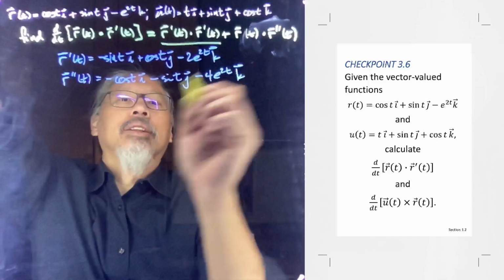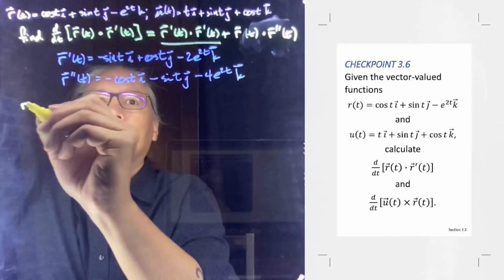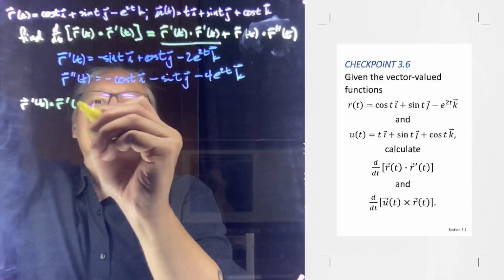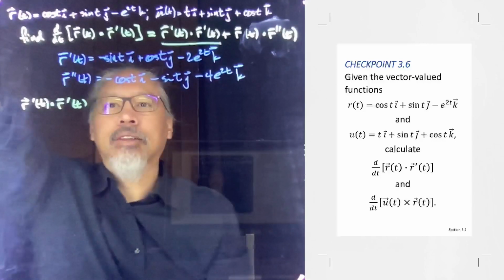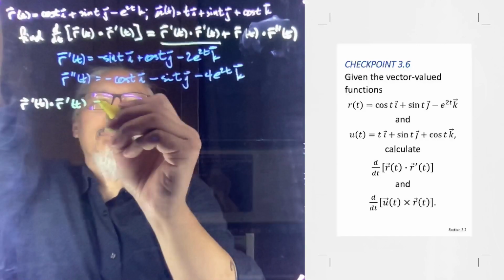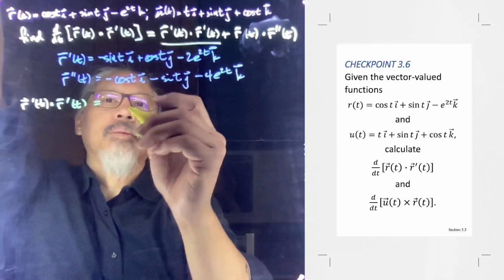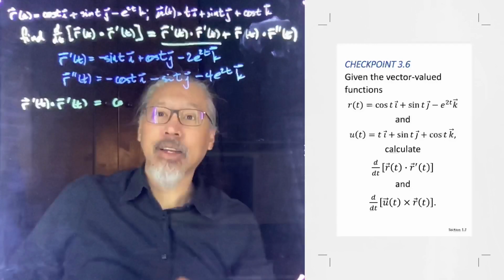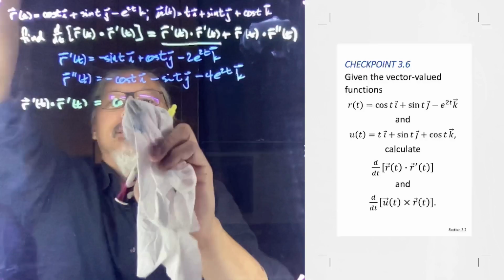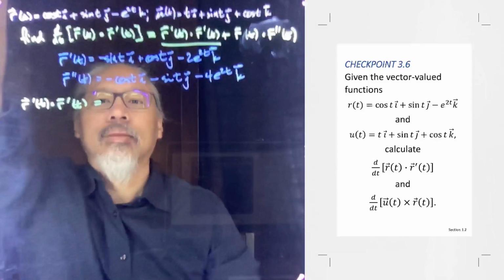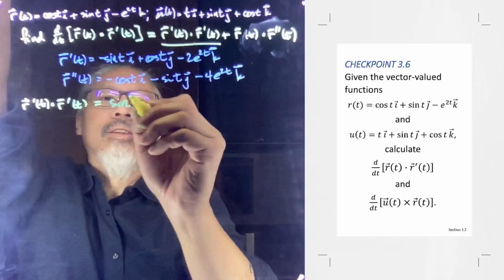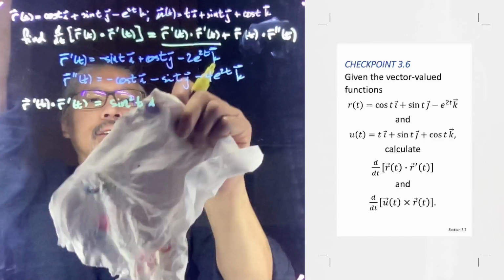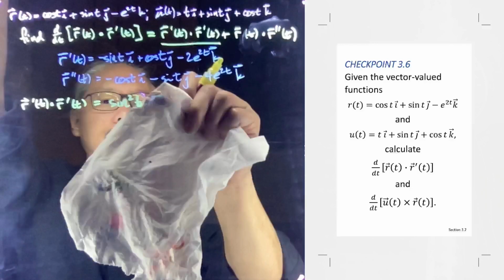Let's first take a look at these two. That would be r prime of t dotted with itself. This is actually the magnitude squared, but let's just do the dot product. Negative sine times negative sine is positive sine squared. So let's call it sine squared t, no more i or j, because remember that it's a scalar.